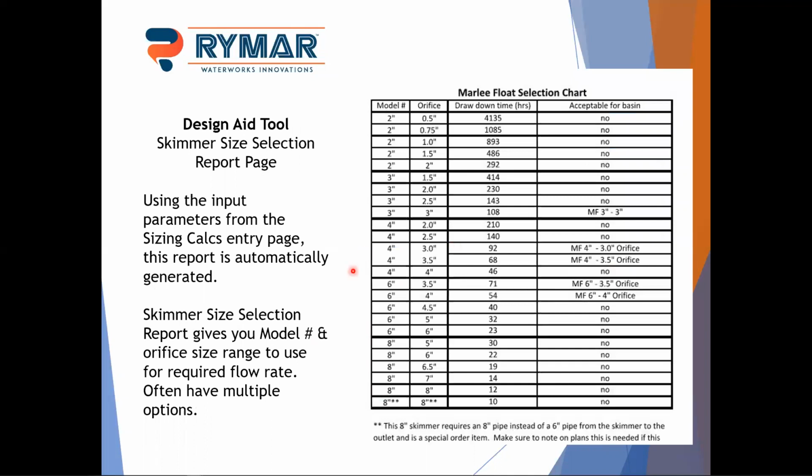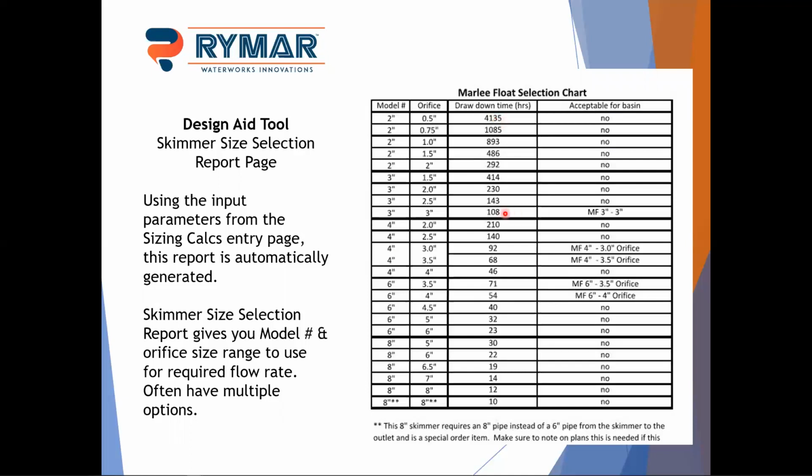And then, because it is our tool, we give you a chart. It'll calculate the drawdown time in hours for all of our skimmer configurations. So this is the skimmer size and then the orifice size. And based on what time frame you set in the spreadsheet, it'll tell you which skimmers are appropriate to meet that time frame. So you'll see in this case, you could do anything from a 3-inch skimmer to a 6-inch skimmer, and figure out which one you prefer.